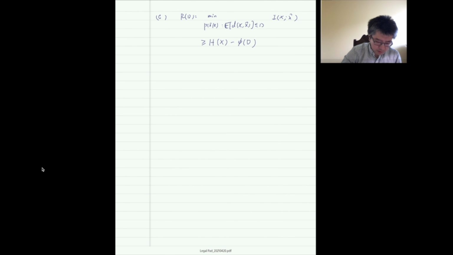For part D, we may write this distortion matrix as this. Let's assume the elements are A_ij. We have A11, A12, up to A1n.